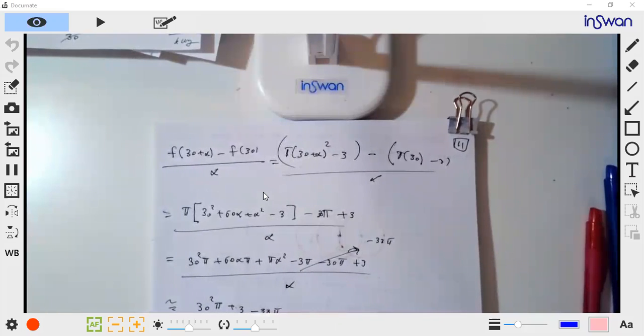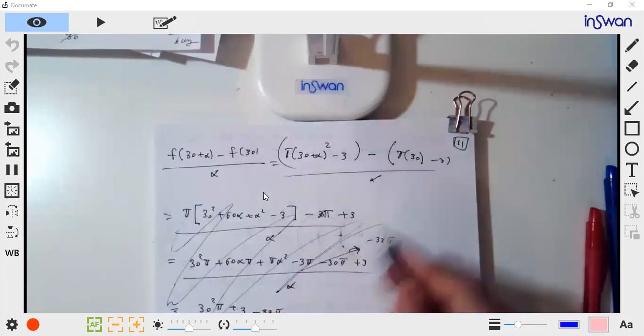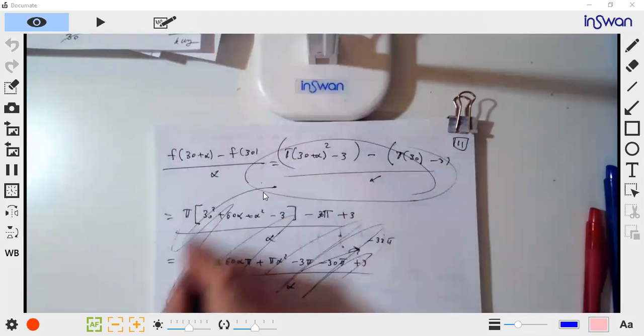Okay. See here, I think I made a calculation error. Yeah, I think I made a calculation error here. Let's start back up from here.